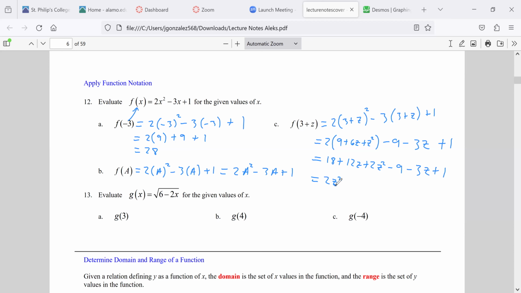12 minus 3. 18 minus 9 plus 1. 10. That's it. You see what the notation's asking you to do. f is the name of the function.